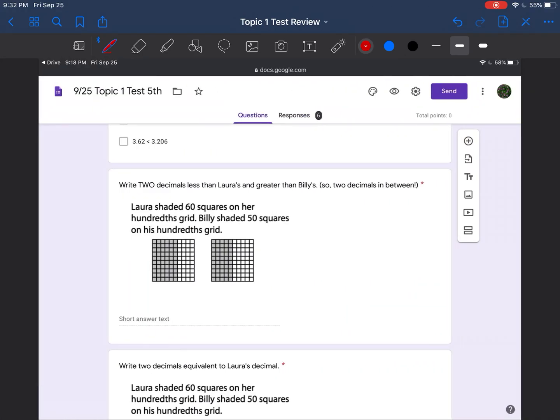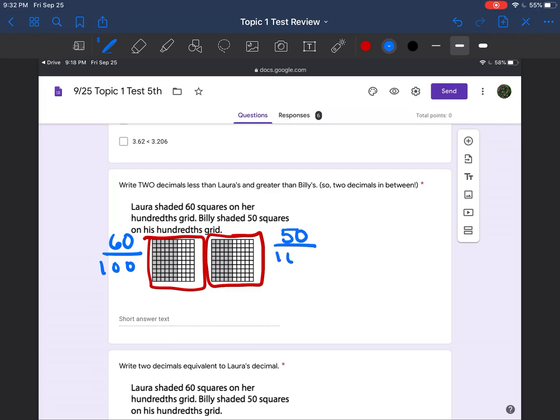The next one said write 2 decimals that are less than Laura's, which is here, and greater than Billy's, which is here. Okay, so Laura shaded 60 squares on her hundredths grid, or that's the same thing as saying 60 out of 100. Billy shaded 50 squares, or 50 out of 100. So now we have to convert those to decimals. 60 hundredths is written like that, and 50 hundredths is written like that.